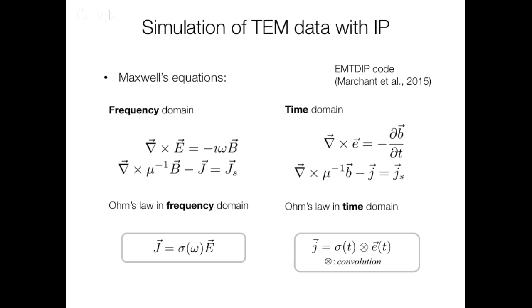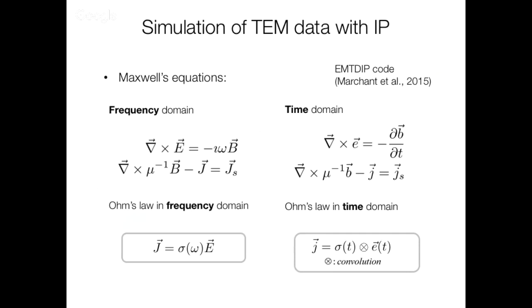So now I want to simulate the data. The question is, how do we do that? In frequency domain, you can solve each frequency with a complex conductivity, and then do an inverse transform to get what the response is in the time domain. Or we can directly time march it. I have another student, Dave Marchand, who developed a time marching algorithm.